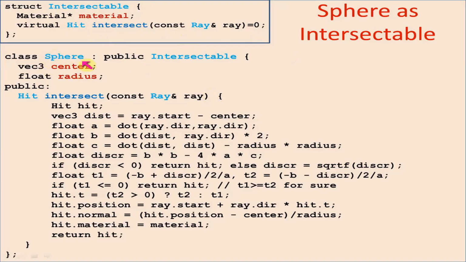Therefore, specific types, like for example the sphere, can be inherited from the general abstract type called intersectable. A sphere can be defined by a center and the radius, and the intersect calculation can be implemented as the solution of a second-order equation.